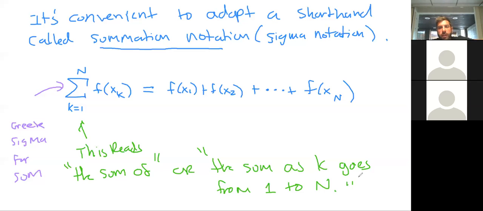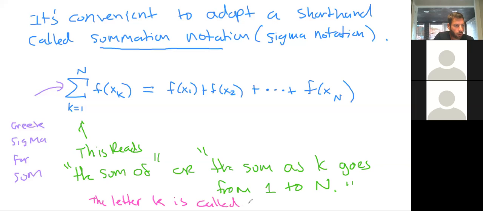So I know this is new notation for most people. It's overwhelming for us when we first learn it. And so what you need to do is you need to understand that experience is the best medicine. The more you are around it, the more you work with it, the more comfortable you'll become with it. So another thing that's useful to keep in mind is the letter k is called the index of the sum.